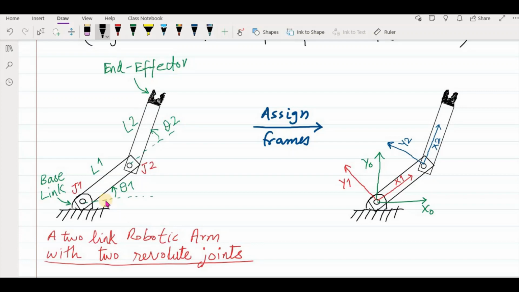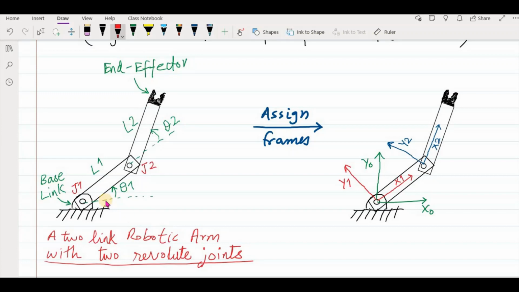So we want the position and orientation of this end effector with respect to this reference frame. Okay, so let's also assign a point here on the end effector for which we are interested in finding the position.